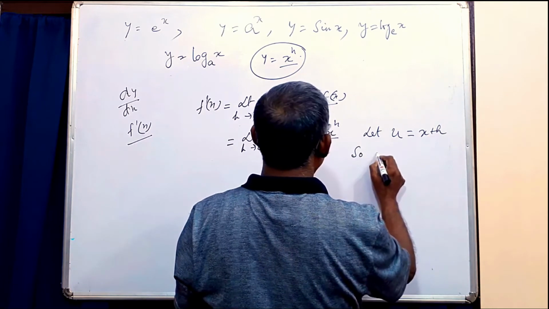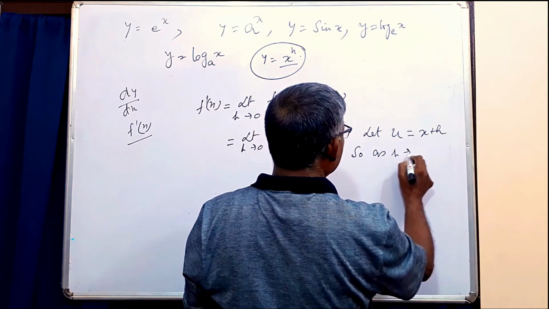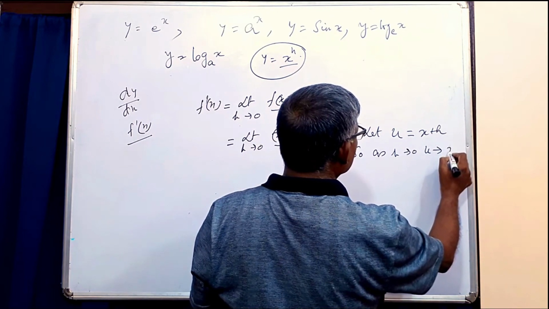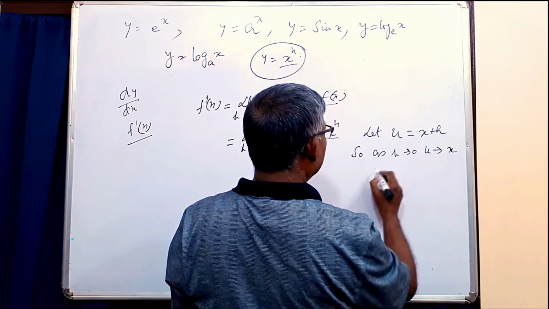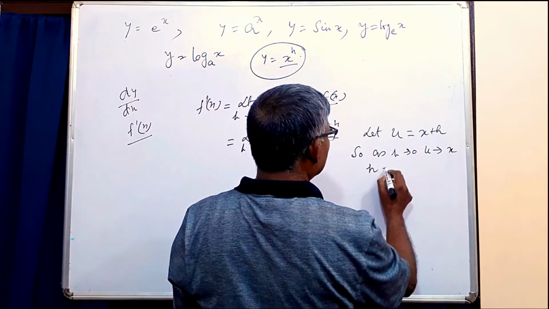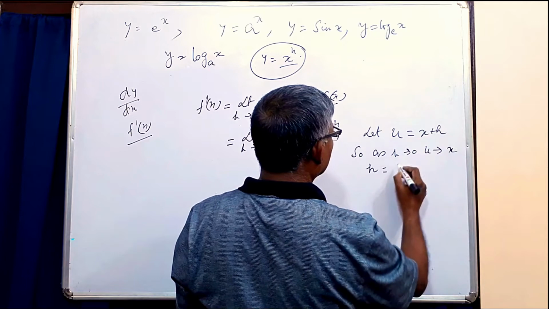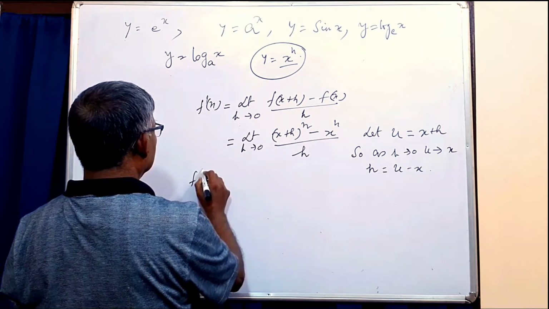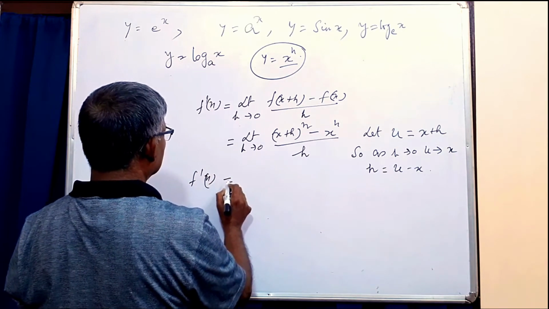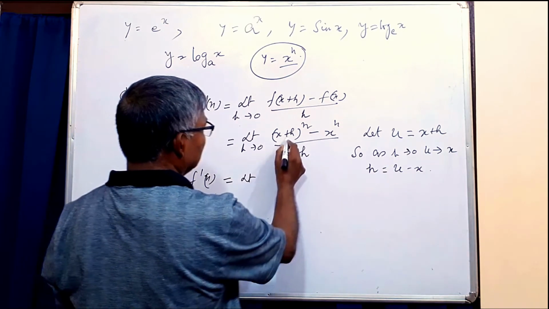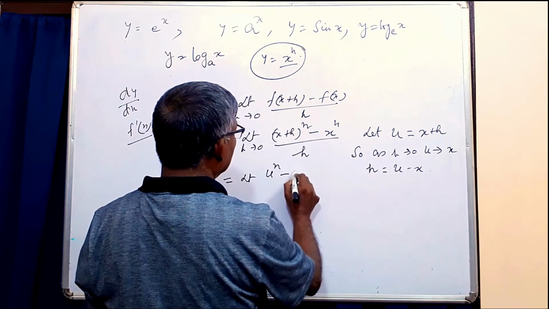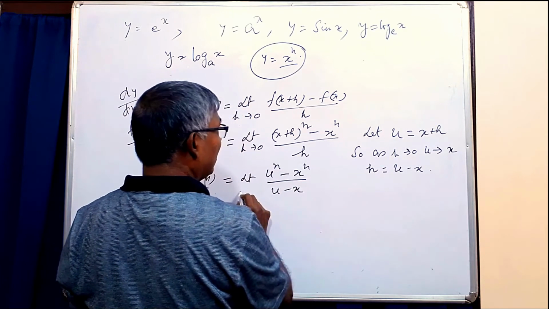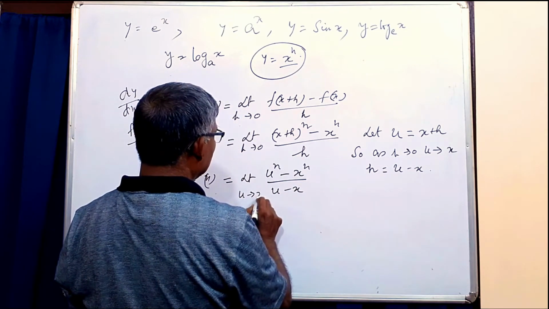So as h tends to 0, u tends to x. Here you get h equal to u minus x. So you write f dash x equals limit, u to the power n minus x to the power n by u minus x, where u tends to x.